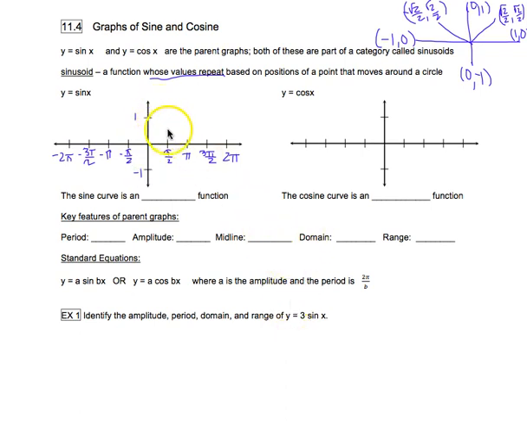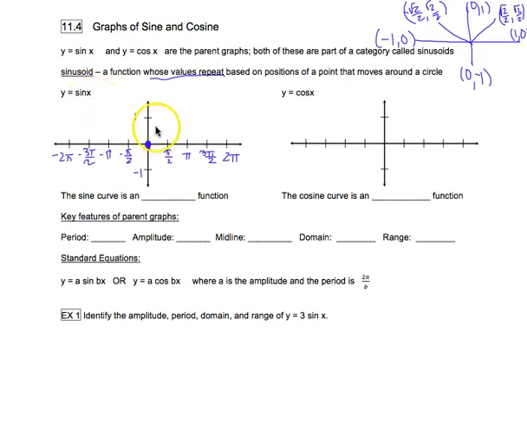Now, if I choose my theta, my x value, if I want to do sine at 0, remember that we learned in the last lesson that in the ordered pair, the sine value is the y. So at 0, the y value is 0. So a point right here, (0, 0).